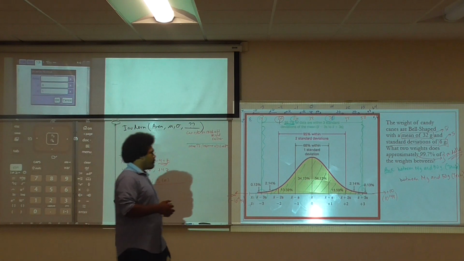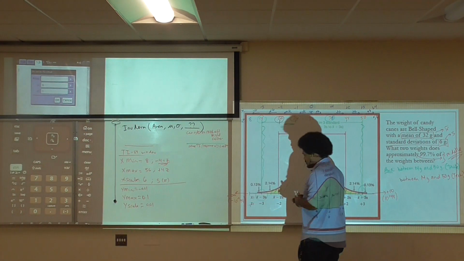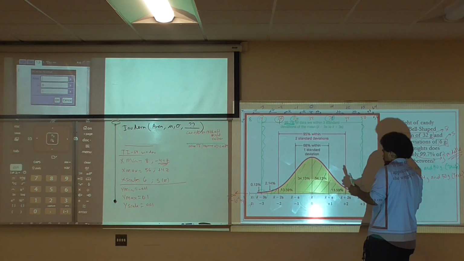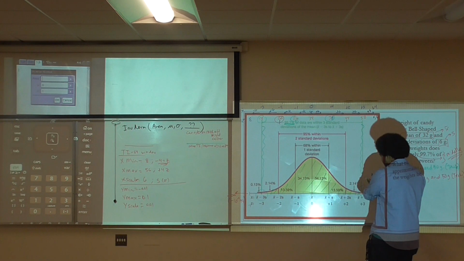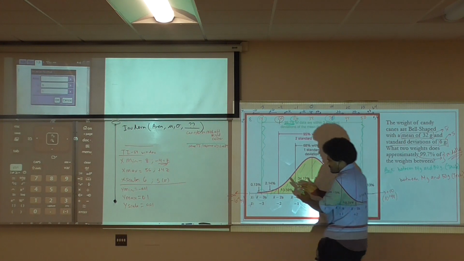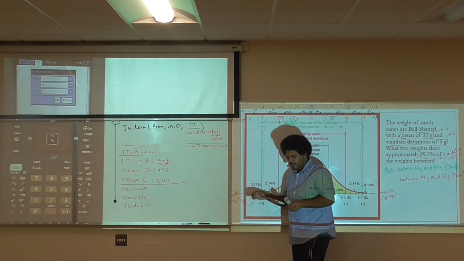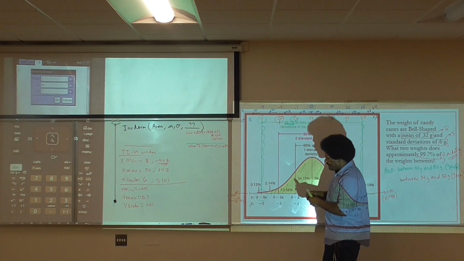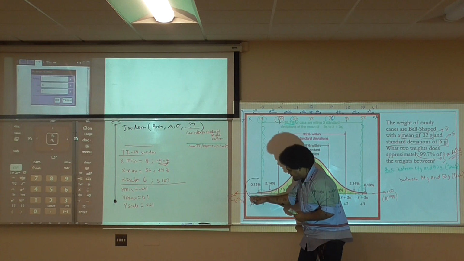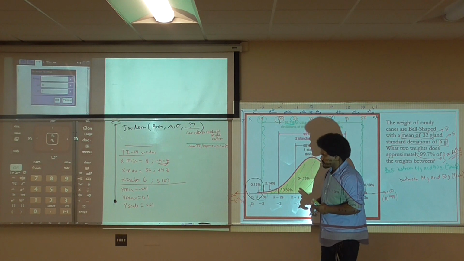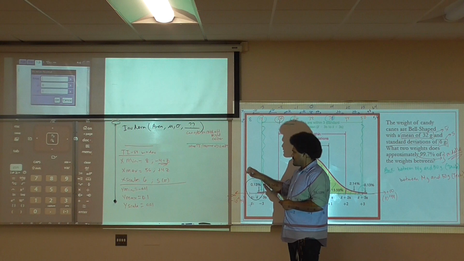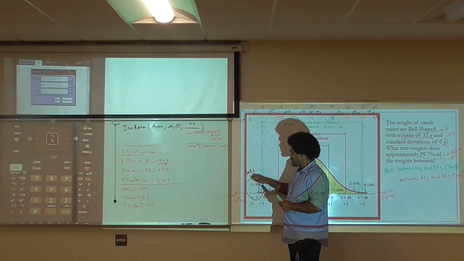So, for you guys who are doing the other calculators, you're going to catch on to, hey, where's my left tail at? This is my right tail, so my left tail has to be over here. So my left tail that I'm looking at here is right here. Left tail.